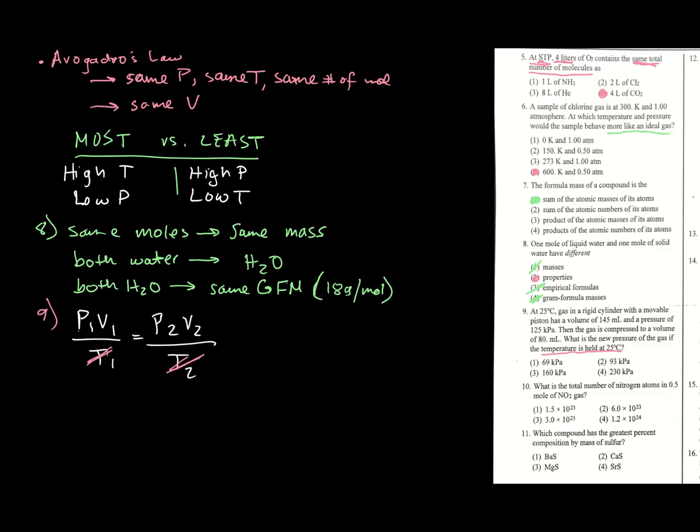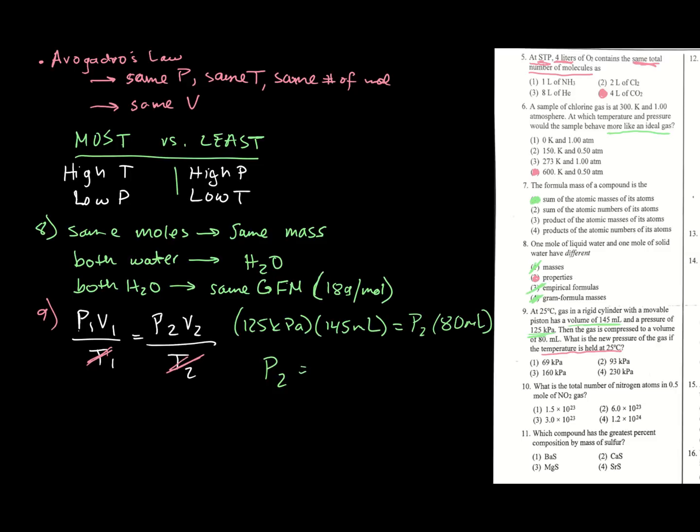A gas has this original volume and this original pressure, so we're going to plug these in. 125 kPa times our volume of 145 mL equals our new pressure, P2, which we're solving for, times our new volume of 80 mL. Look here, our volume is decreasing, so we should expect pressure to increase.